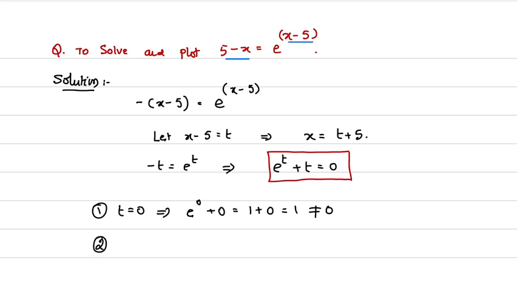Next, t is greater than 0. Then e to the power of t plus t will be greater than 0 and is not equal to 0. That means t can never be positive, t can never be equal to zero.